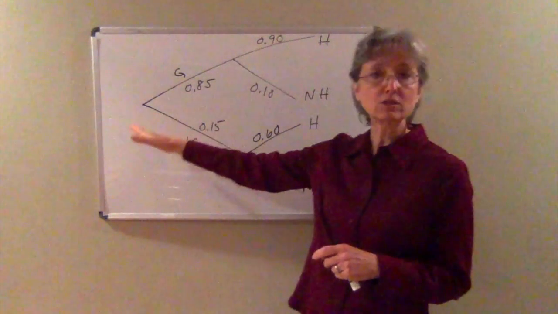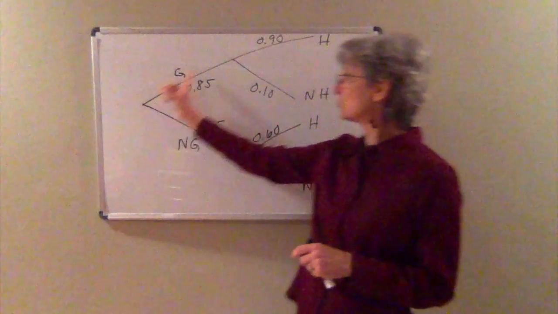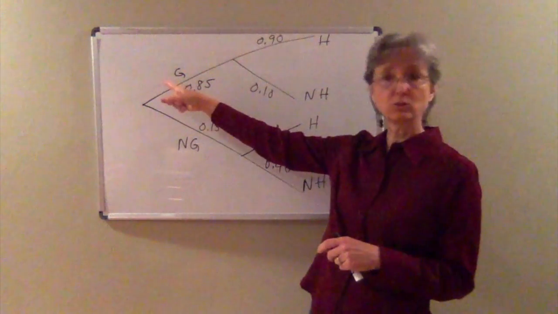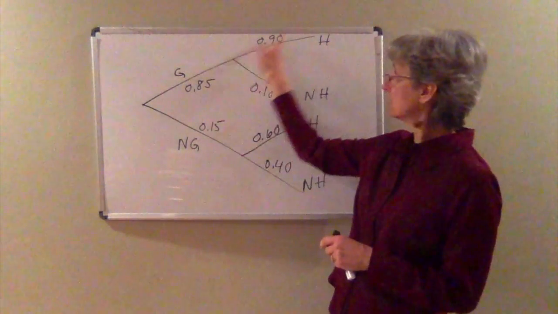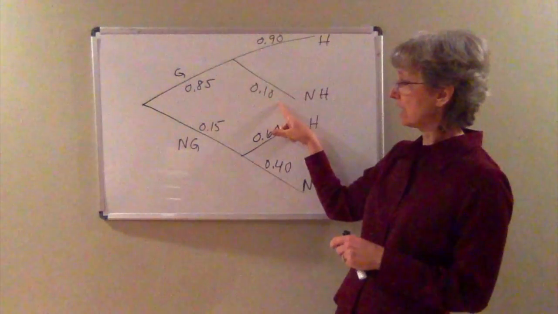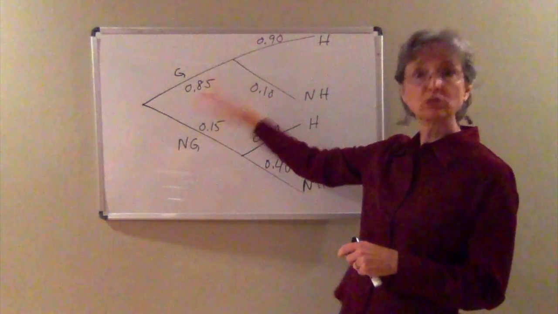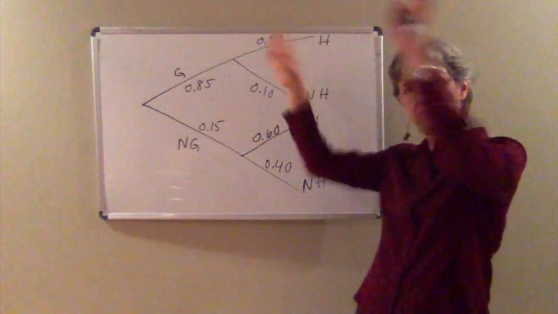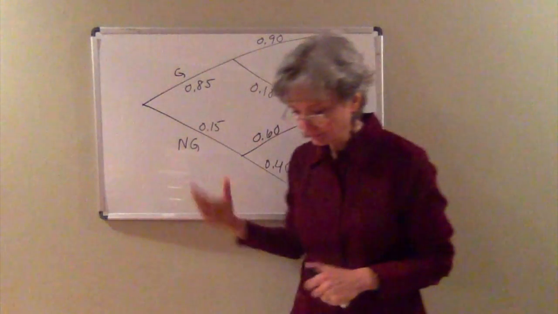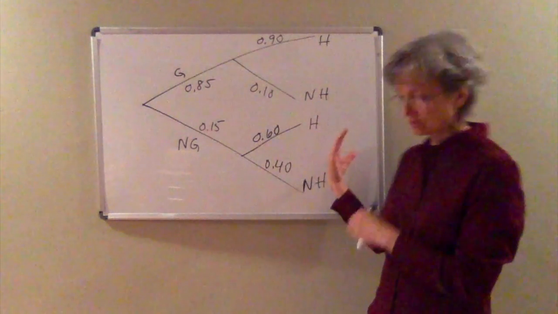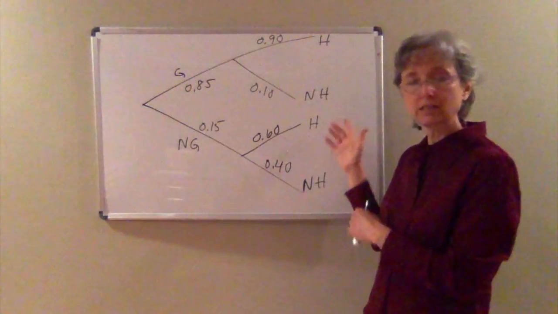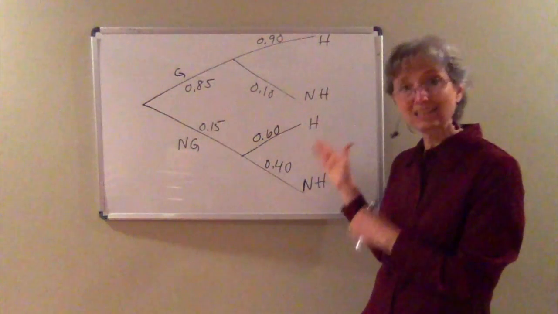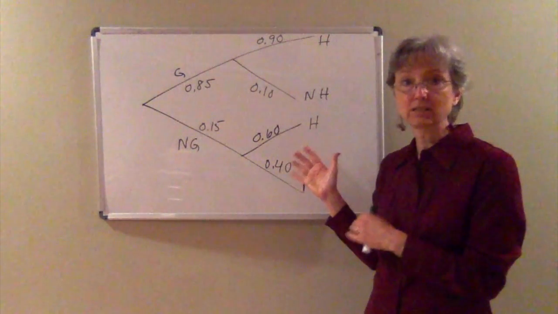So notice this is a tree diagram. This branch represents those who graduated. This branch represents those who did not graduate. This represents those who are happy, not happy, off of the graduates. Do you see how it just kind of filters off from there? Each second branch represents a conditional probability, doesn't it?